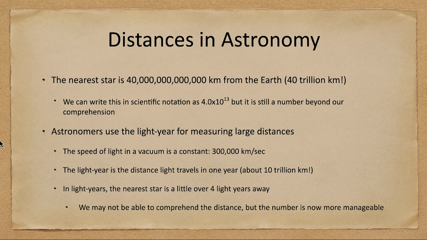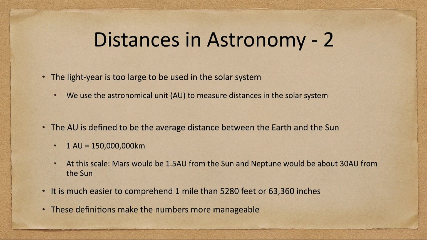Now let's continue here, and we will see again the light year within our solar system is too big. The sun is about 8.5 light minutes away. A light year gets us well outside the solar system. So for things within the solar system, the light minute would be one example of something we could use here.